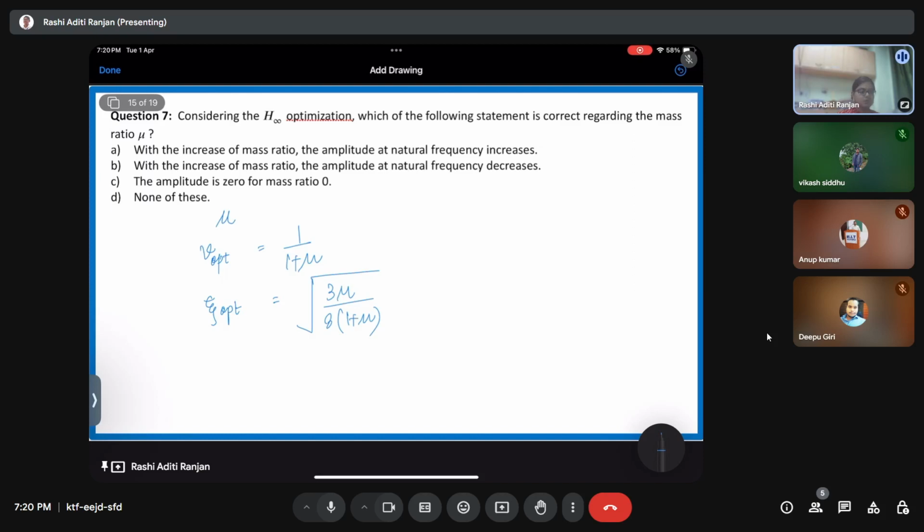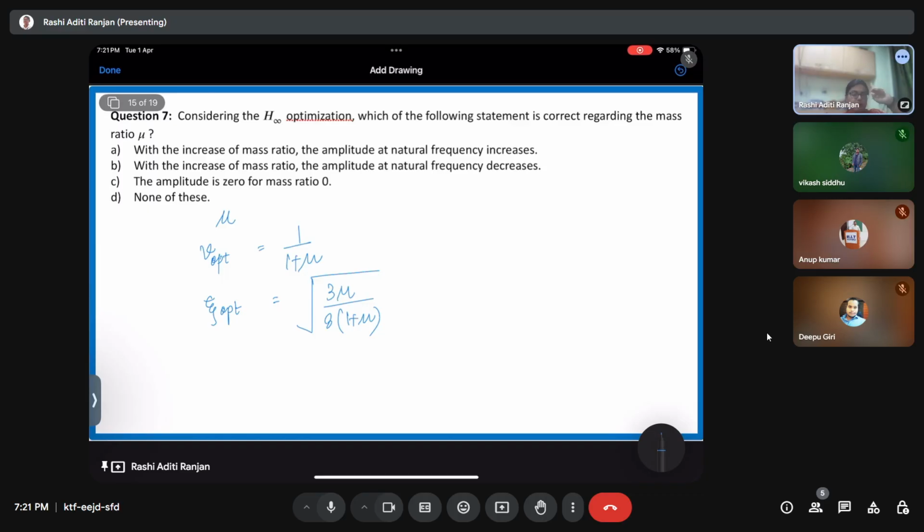If my mu is 0, it means that the secondary system is actually not present. So the answer is 1.